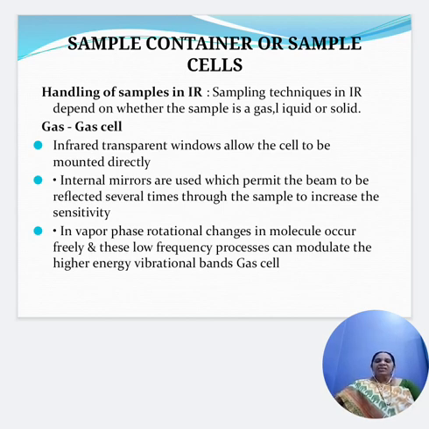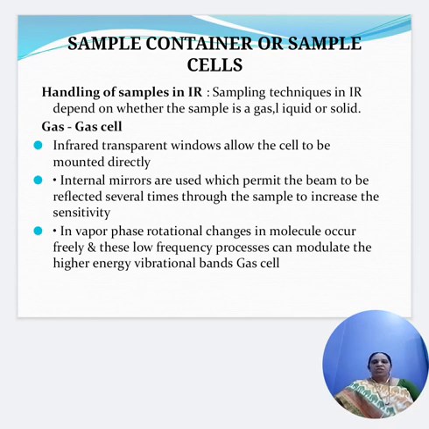If the sample is a gas, you use a gas cell. Infrared transparent windows allow the cell to be mounted directly. Internal mirrors are used which permit the beam to be reflected several times through the sample to increase the sensitivity. In the vapor phase, rotational changes in the molecule occur freely, and these low frequency processes can modulate the high energy vibrational bands.